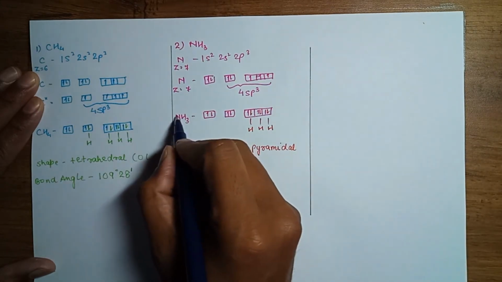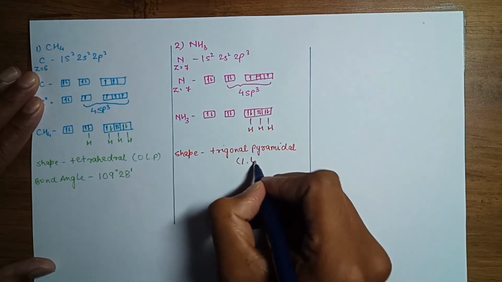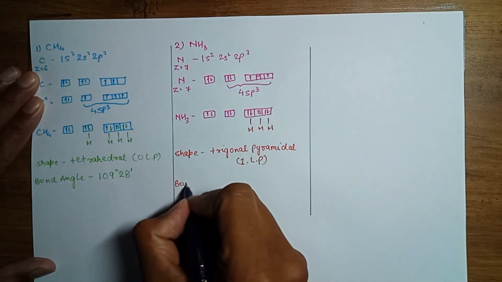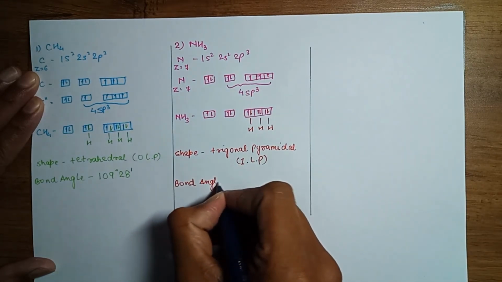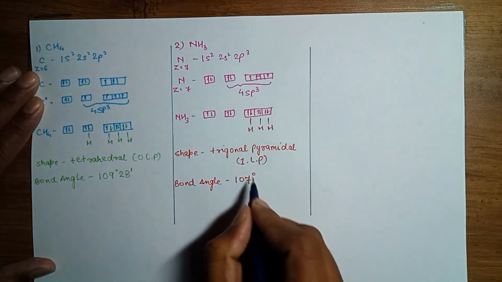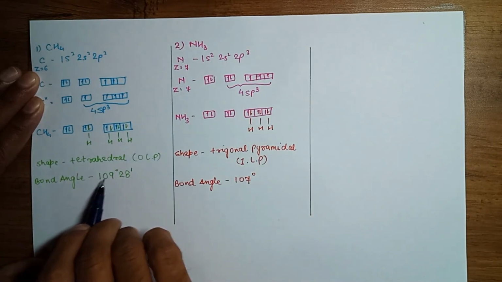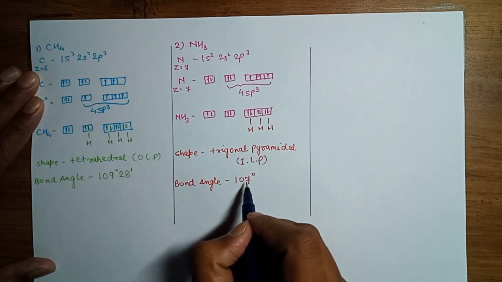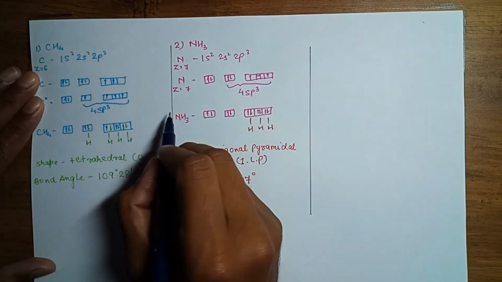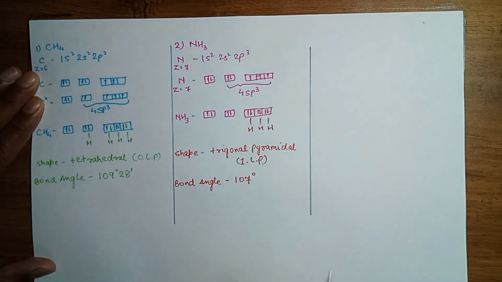Because the central atom, nitrogen, has one lone pair of electrons. And the bond angle will be 107 degrees, which is less than the ordinary tetrahedral bond angle of 109 degrees 28 minutes. Why is it less? Because nitrogen has one lone pair of electrons, there will be repulsion between the lone pair and the bonds, so the bond angle will decrease.